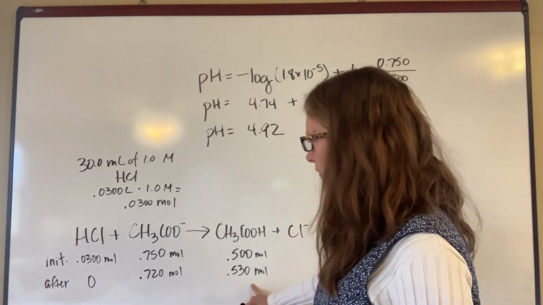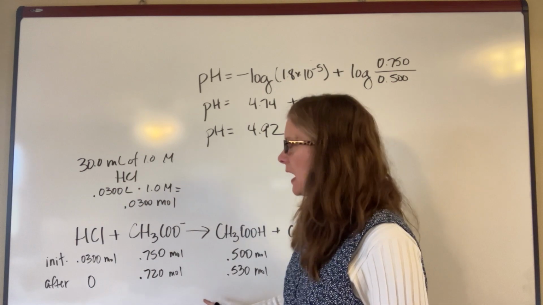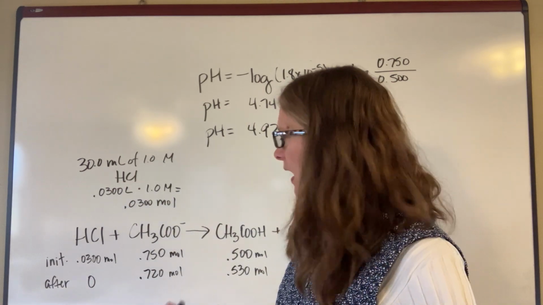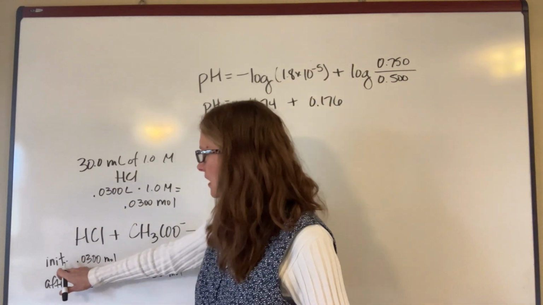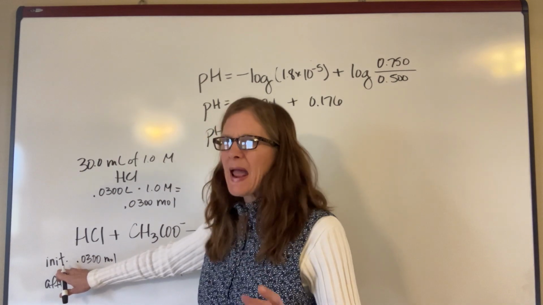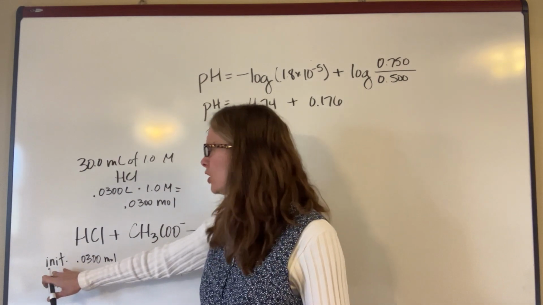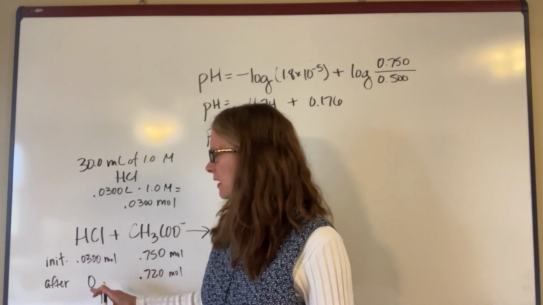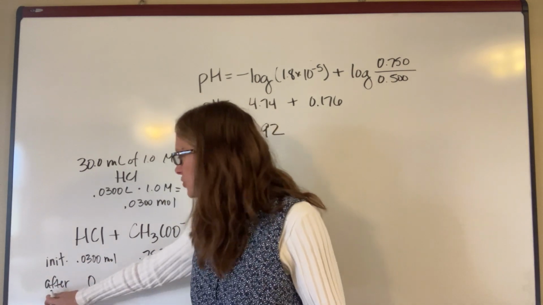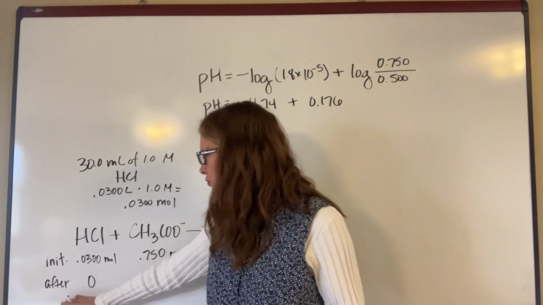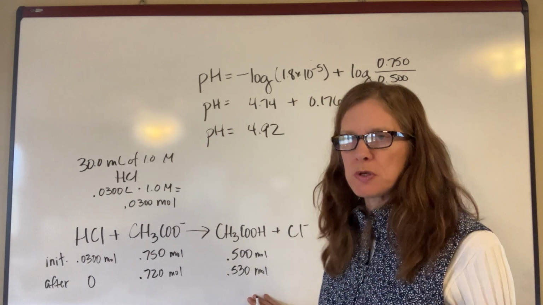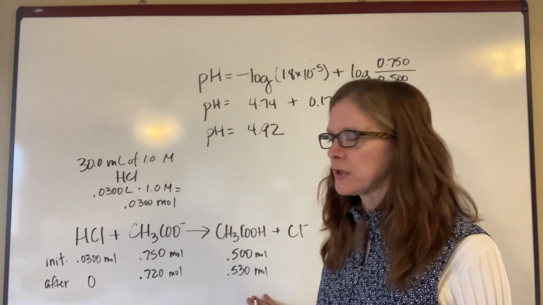Now, these are my new concentrations. And notice this is not exactly like the ice table I had before, because I have an initially, and I could have put a change in here if I wanted to, but I chose not to do that. So I'm going to have initial, and then after the reaction is over with, because we're assuming that this reaction is going to go to completion.